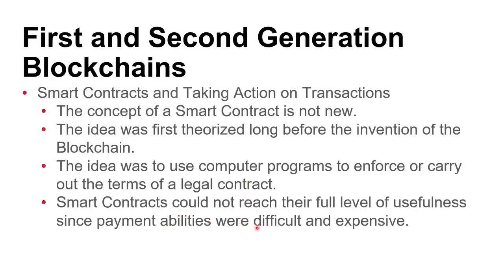Smart contracts could reach their full level of usefulness on a blockchain because there are these ways to make payments. So the difficulties associated with making payments were eliminated by the blockchain. And the idea was first theorized long before the popularity of blockchains.